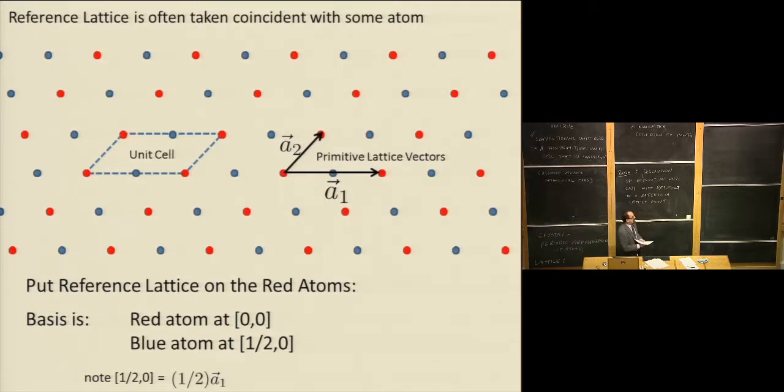All right, so now we can move on to what we're finally building up to, 3D lattices. So this is an important statement, maybe the most important statement I will make all day.